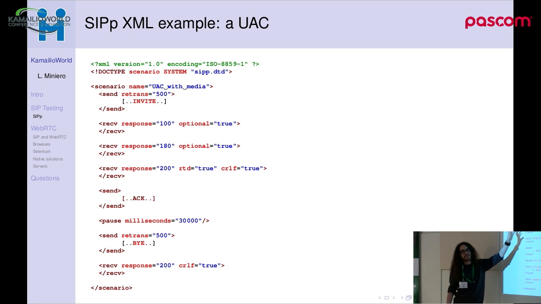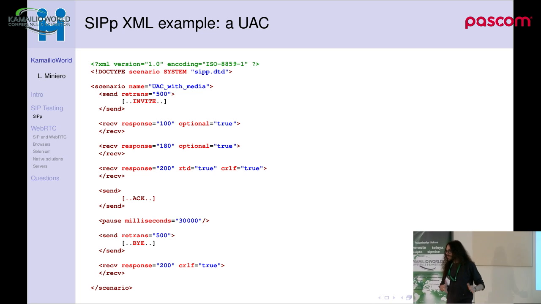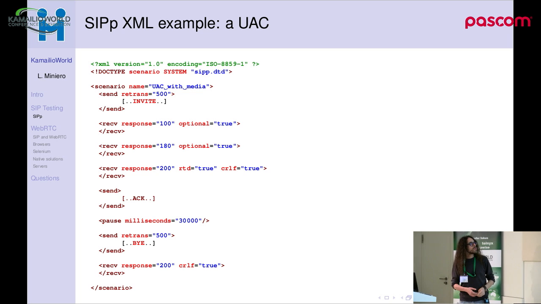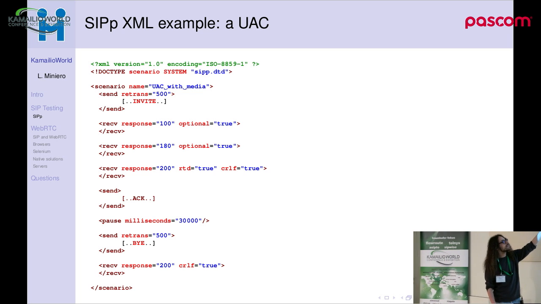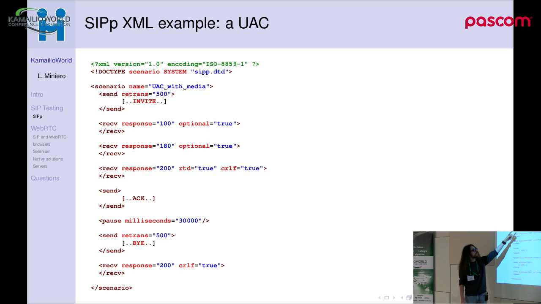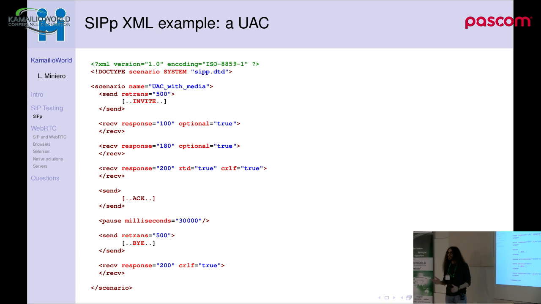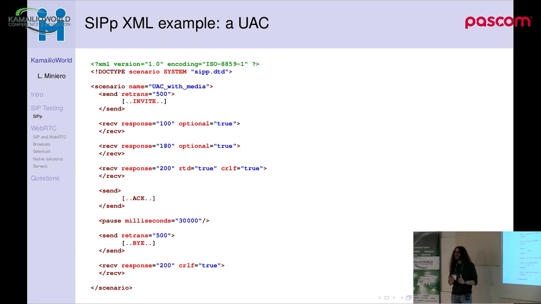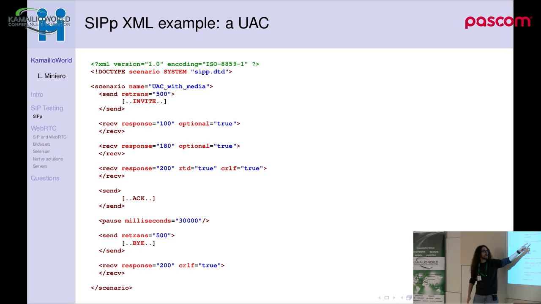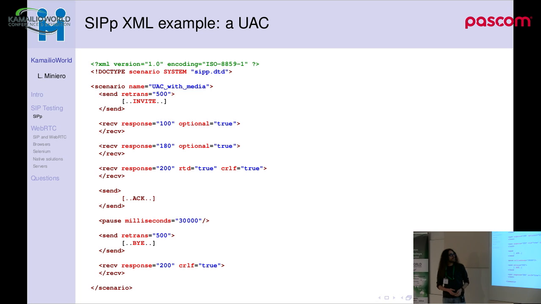In this case, I'm just snipping it for visibility reasons, but I'll show you the full example later. We may start with an INVITE, and then we'll say that we are going to expect either a 100 and 180, or a 200 back. So we are okay with getting provisional responses and so on.